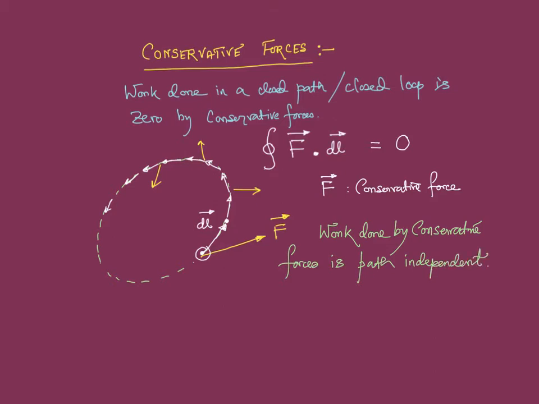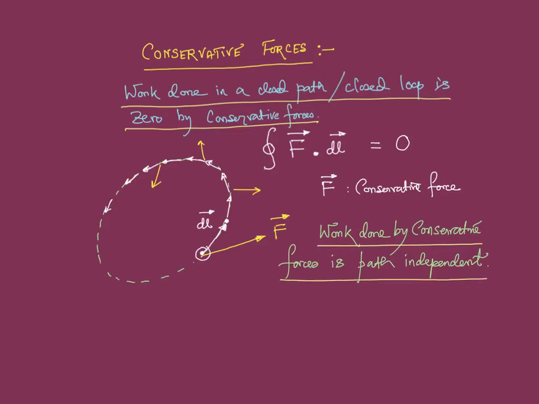Now we will prove this statement. You can define conservative force in this way: if the work done in a closed path by a force is 0, then it is a conservative force. In other way you can say work done by conservative forces is path independent. That means if the work done by a force is path independent, then also you can say that the force is a conservative force. Now we are going to prove.